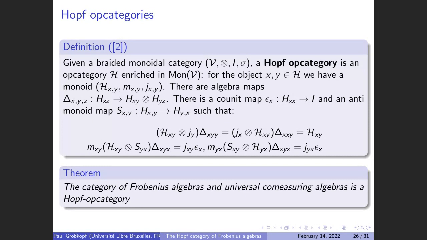So here now, for two objects, I always have little monoids with multiplication m_{x,y}, and units j_{x,y}, and I have algebra maps from some Hopf space from x to z, and I can split up an arrow into parts in H_{x,y} tensor H_{y,z}, and I just use the conditions I had for Hopf categories, but I have to make sure that I use the inverse of the local and global structure.